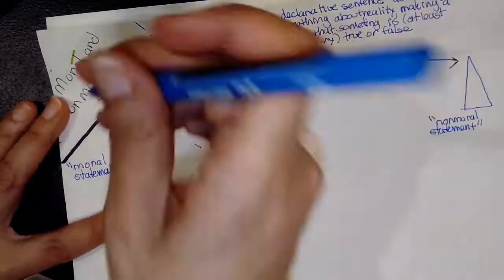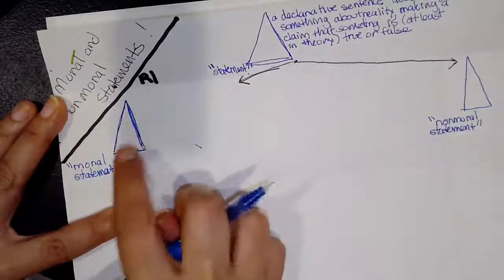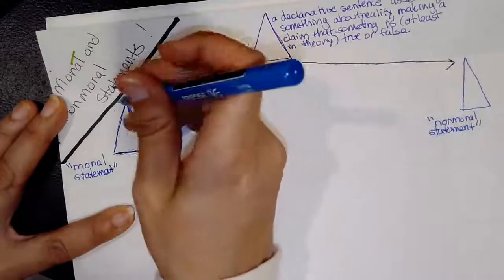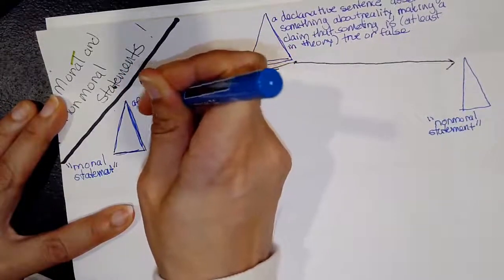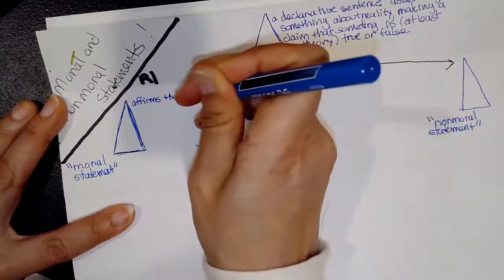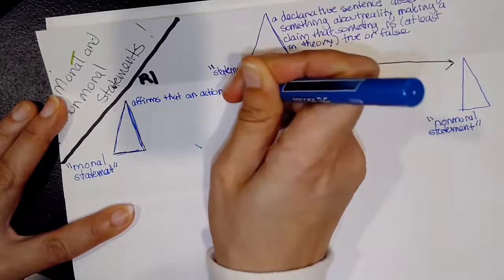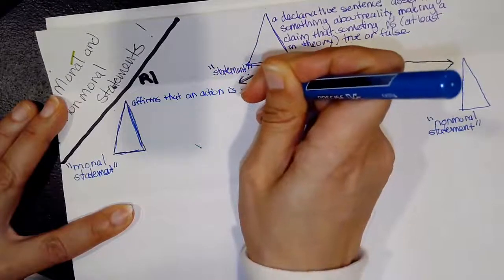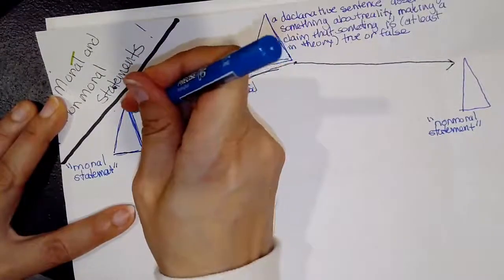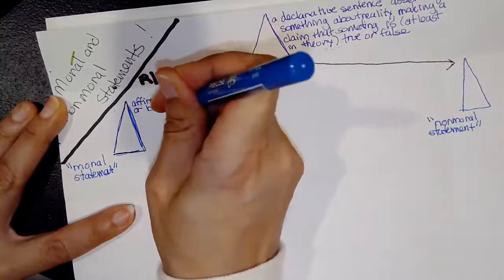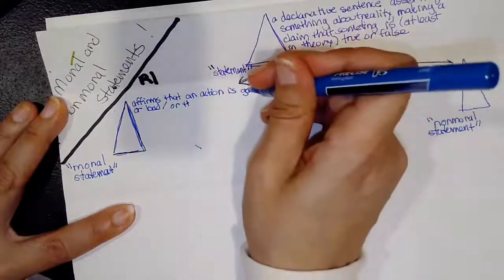So a moral statement, write very tiny up here, the definition that we'll be using in this class for moral statement: affirms that an action is right or wrong, or that a person is good or bad. Sorry, not that an action is good or bad, that's wrong.